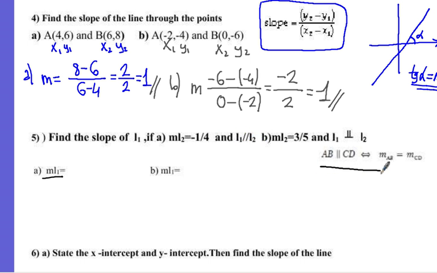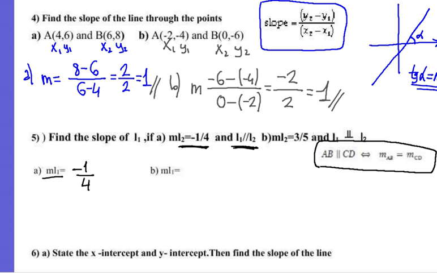What do we know? If two lines are parallel, their slopes are equal. So if the slope of second line is given as negative 1 over 4 and they are parallel, it means the slope of the first line is also negative 1 over 4. This is easy.